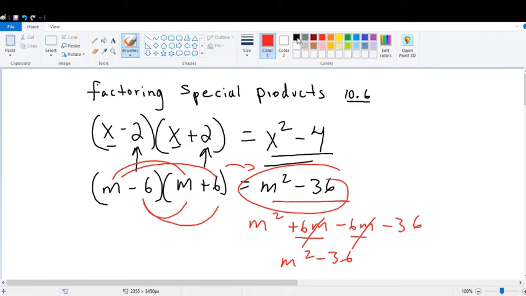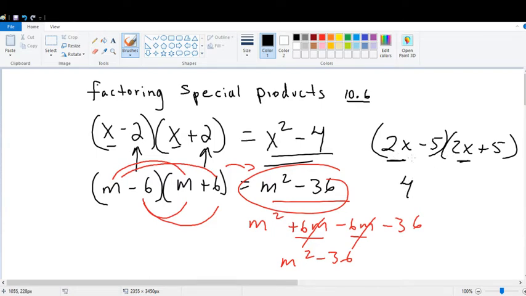Another example would be something like 2x minus 5 times 2x plus 5. These are the same. Multiply those two, you get, well, 2 times 2 is 4, x times x is x squared, negative 5 times 5, negative 25.